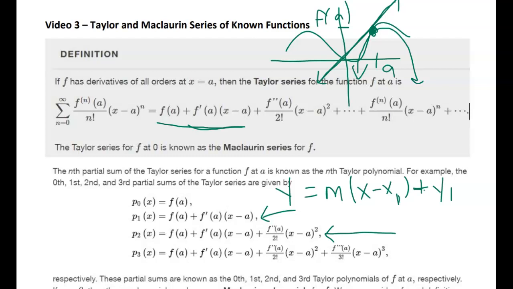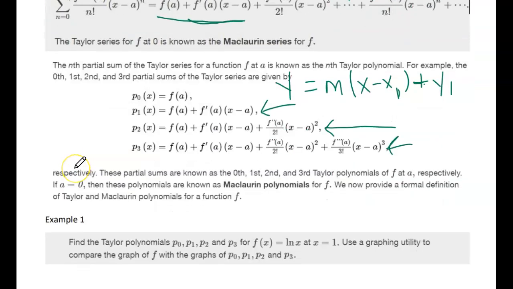And then if you wanted to use a cubic function, then you're going to find the third derivative at that point and put it over 3 factorial. And that's going to find your cubic function. And so these are all of the partial sums for the point, first, second, and third Taylor polynomials. And if it's centered at 0, we call that the Maclaurin series, okay?